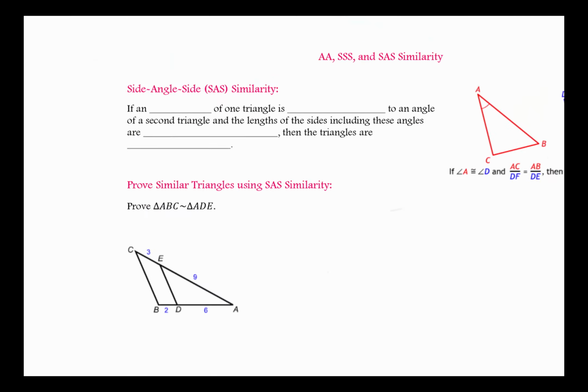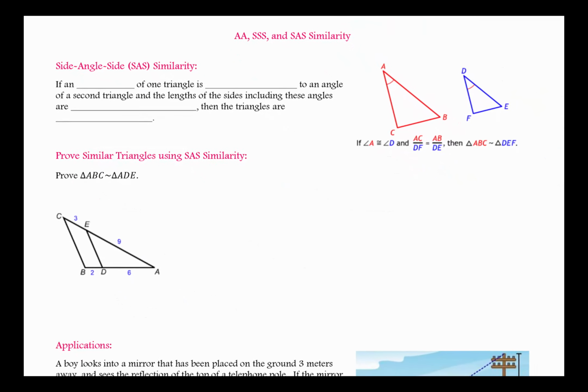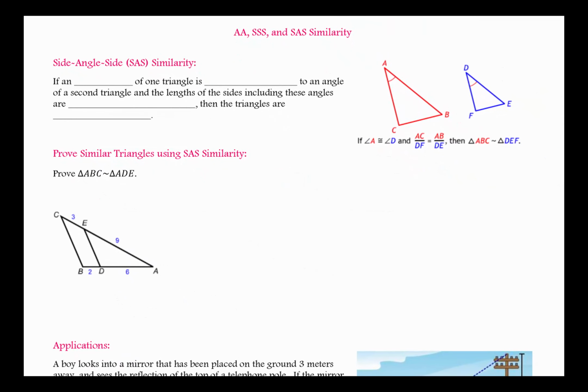Okay, and the last way to show that triangles are similar is by angle side similarity. So if an angle in one triangle is congruent to an angle of a second triangle, and the lengths of the sides that make up those angles are in proportion, then the triangles are similar.